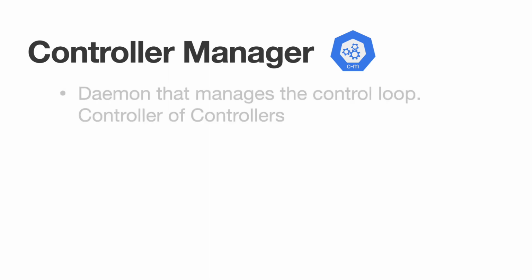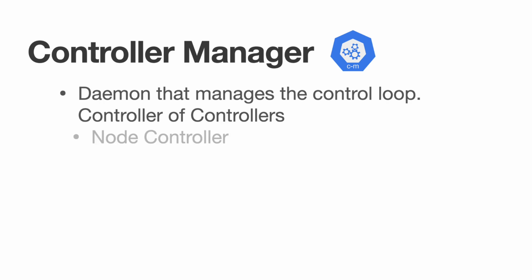So this is a daemon that manages the control loop. Basically, it's a controller of controllers. In Kubernetes, we have a bunch of controllers, and let me just show you the node controller. What this controller does is whenever the current state doesn't match the desired state, it reacts to those changes. In our example here, we are setting the desired state equal to 1 node.